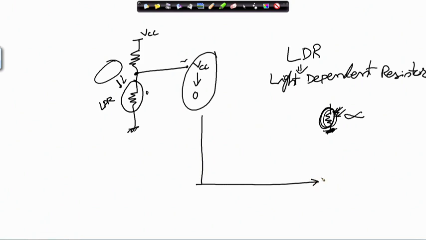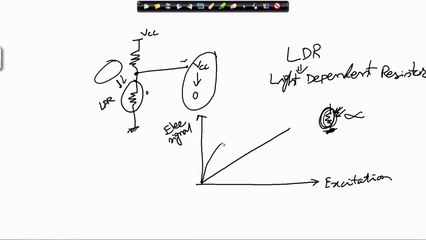So, ideally I have a behavior like this. If this side is the excitation, and this is the electrical signal, maybe voltage, maybe current, whatever it is, I would ideally like to have a straight line like this. It may not be at 45 degrees, but it is more or less a straight line. But this seldom happens, and normally we get different types of behavior.